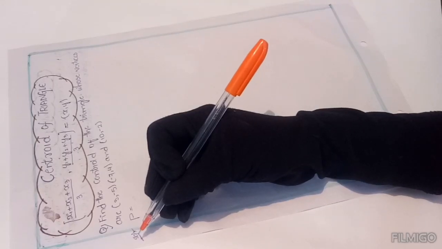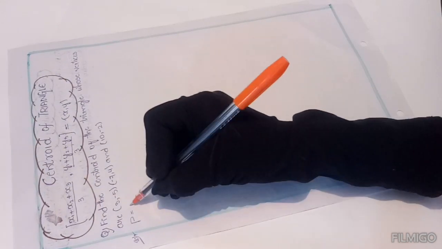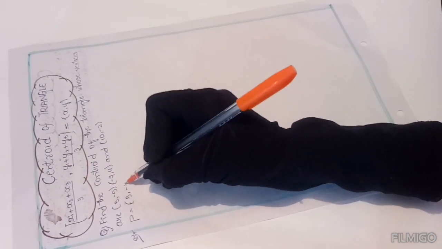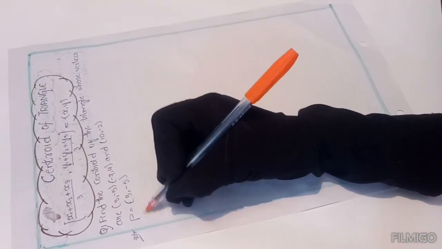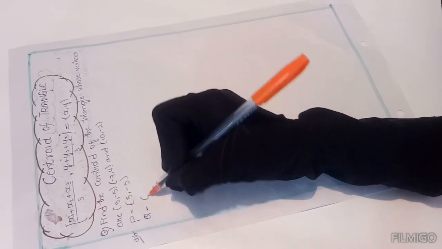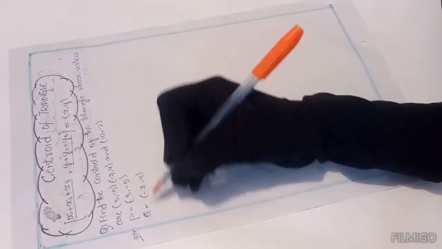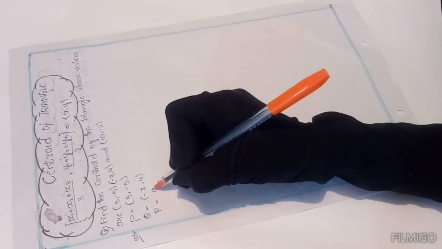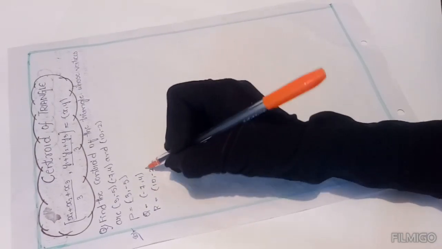Centroid of a triangle whose vertices are given. Let P is equal to 3 comma minus 5, Q is equal to minus 7 comma 4 and R is equal to 10 comma minus 2.